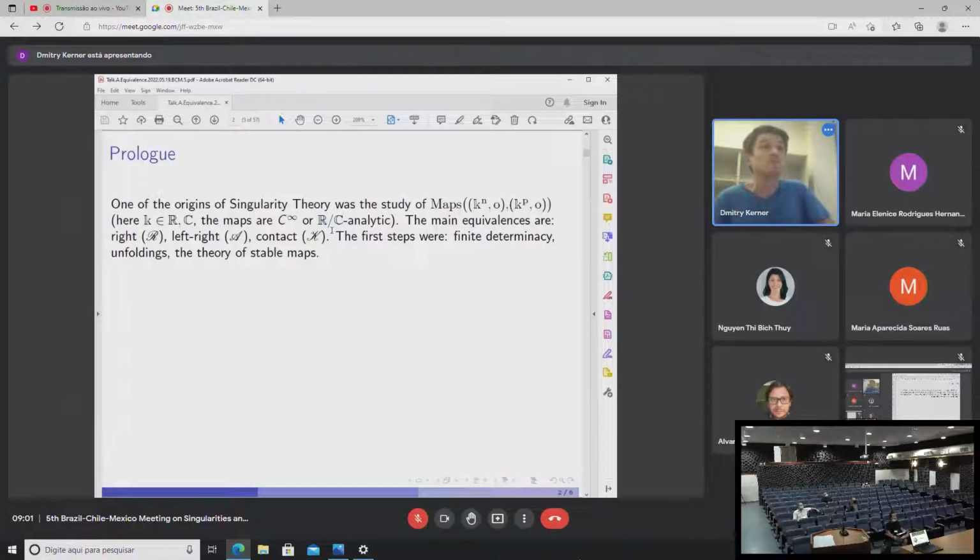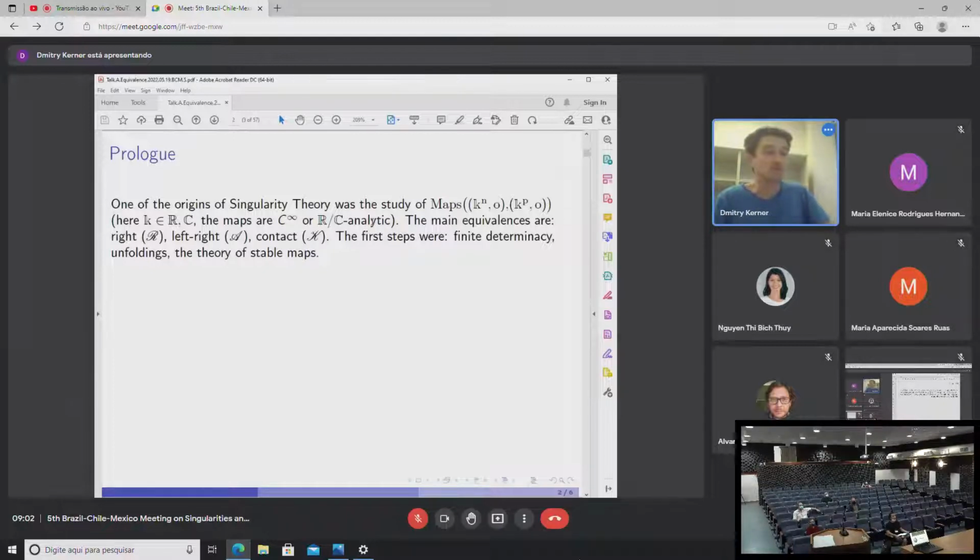What is interesting for me is that most of the definitions were of algebraic nature. They could be stated over any field K. But the proofs heavily used analysis: integration of vector fields and differential equations.